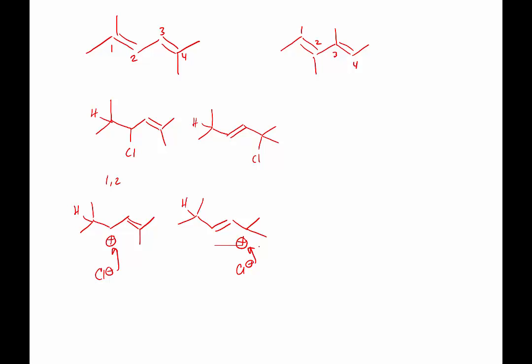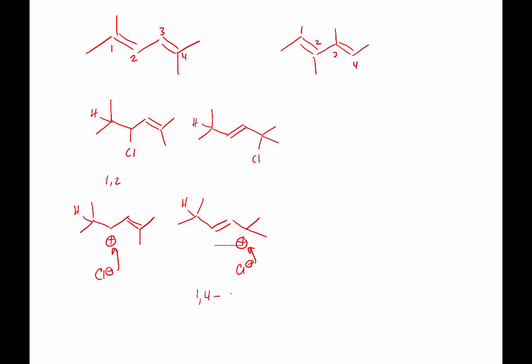So do we have a single kinetic product? Yes, and what is it? The one on the right or the one on the left? The 1,4 would be the kinetic product.